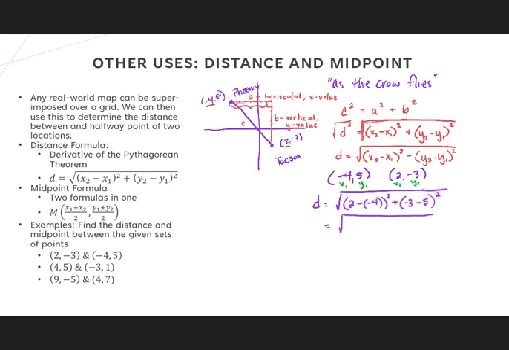Okay, so 2 minus negative 4 is a positive 6. Negative 3 minus 5 is a negative 8. And when I square this, 6 squared would be positive 6 times positive 6, which is 36. Negative 8 squared is going to be negative 8 times negative 8, which is a 64. So this is the square root of 100, which is a 10.